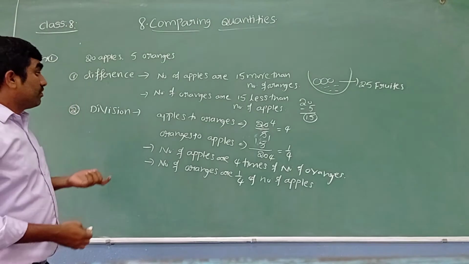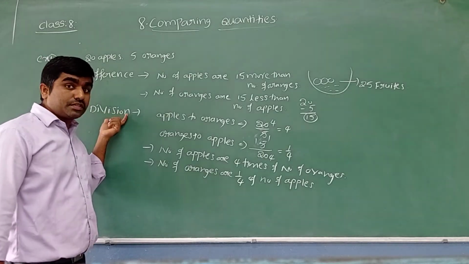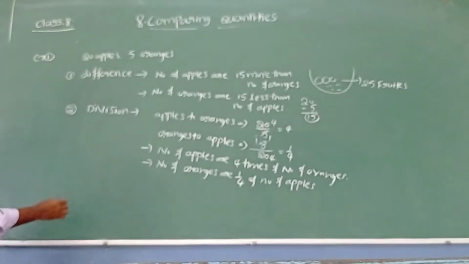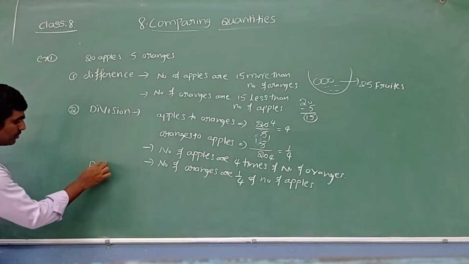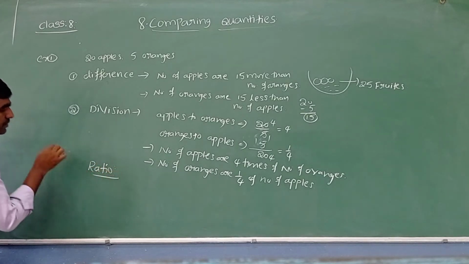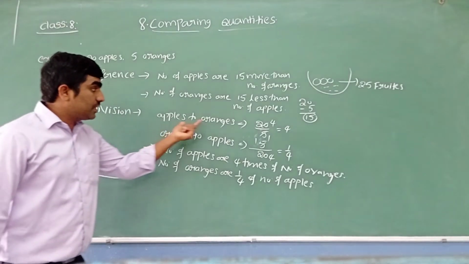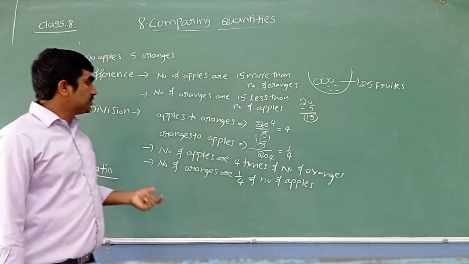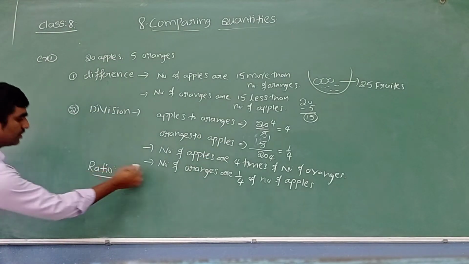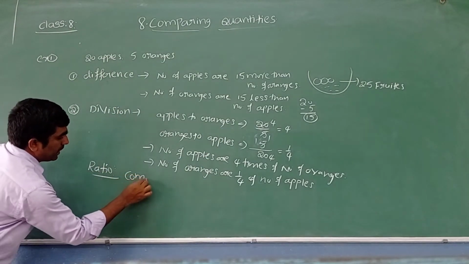When we compare quantities by the division method, there is a special name, which is called a ratio. What is meant by ratio?